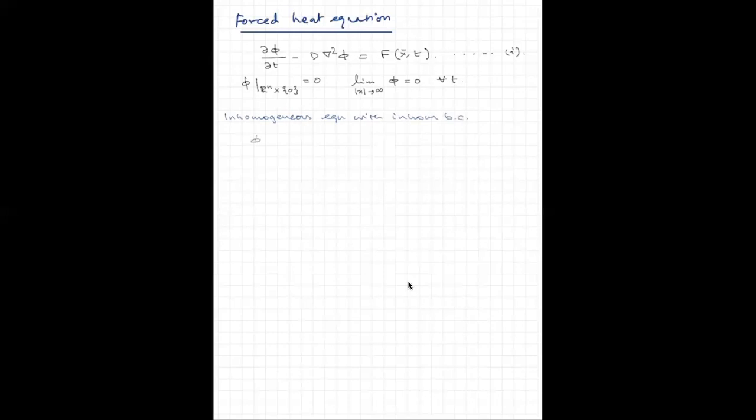What we can do is write phi as the solution of phi of the homogeneous plus phi of f, where f is the one that obeys. So this one is the solution to the homogeneous equation with inhomogeneous boundary condition, and this one is something that obeys the first equation.